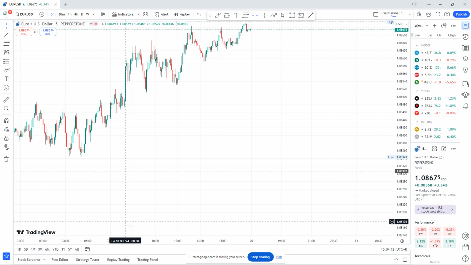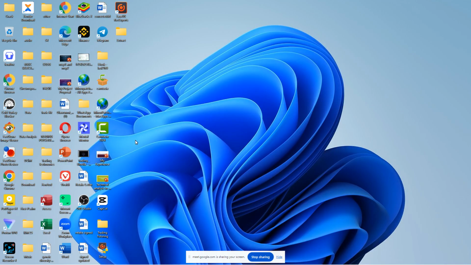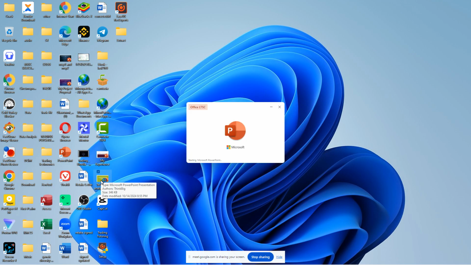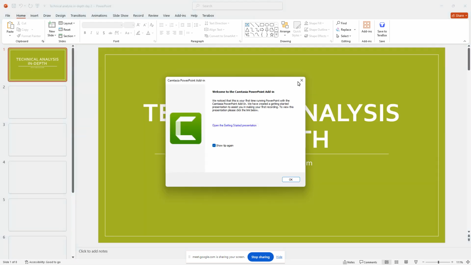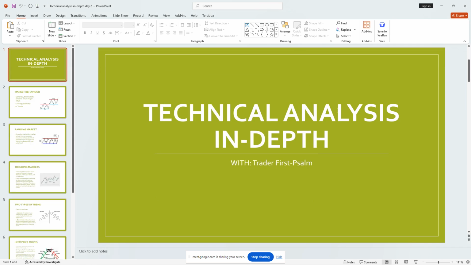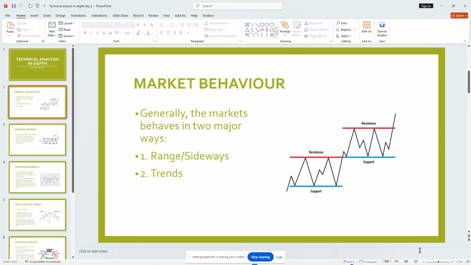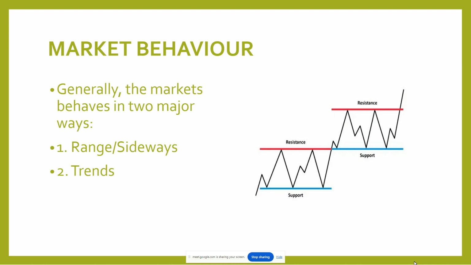Tonight we'll be continuing from where we stopped last time. Based on last class, we explained that the market always moves from ranging to trending. From here we have two general market behaviors: the ranging market and the sideways market.